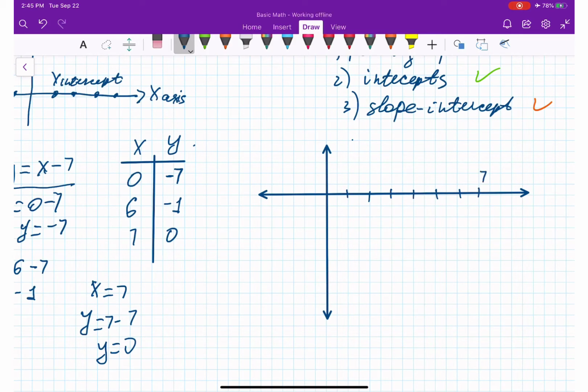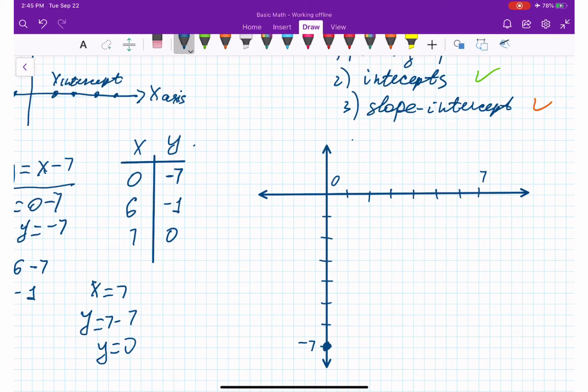And y till negative 7: 1, 2, 3, 4, 5, 6, 7. So x is equal 0, y is equal negative 7. So x is equal 0, it's going to be right here, right? And y is going to be negative 7 right here, 1 point.